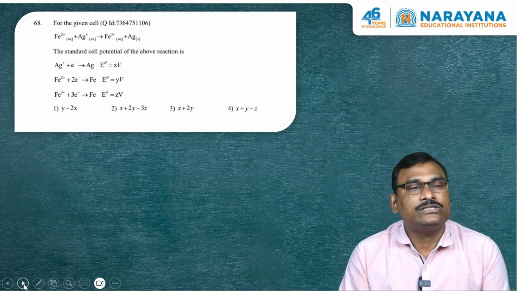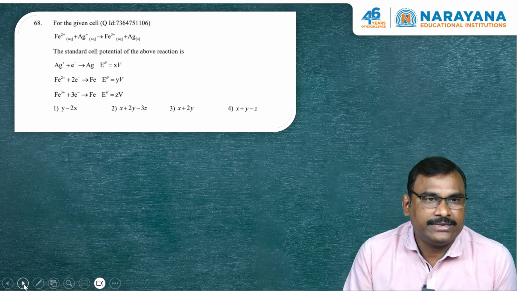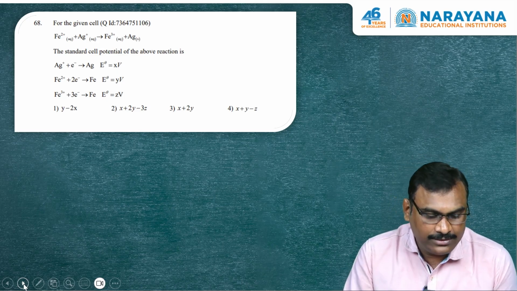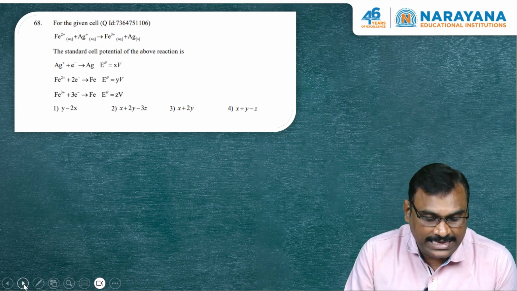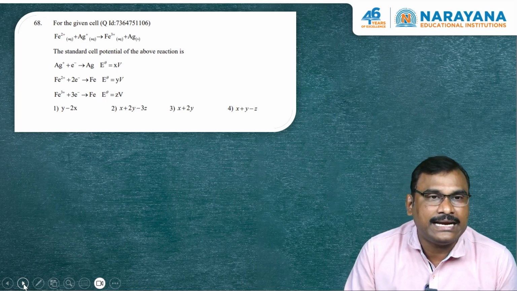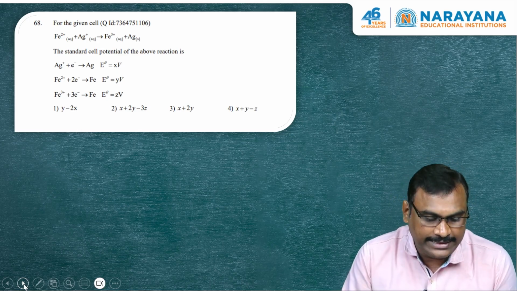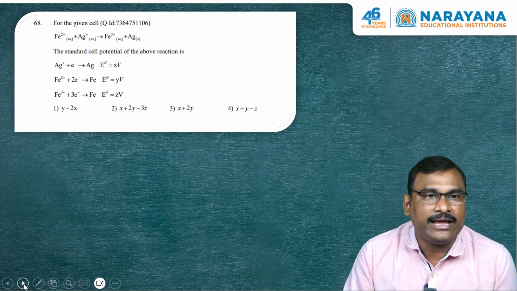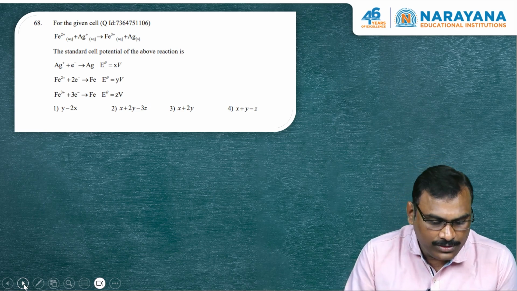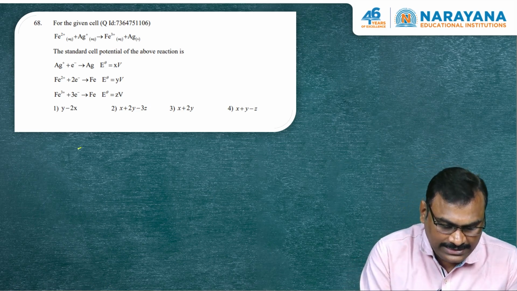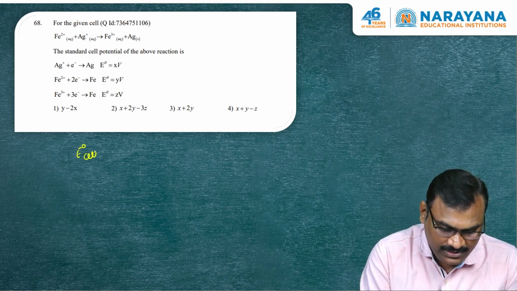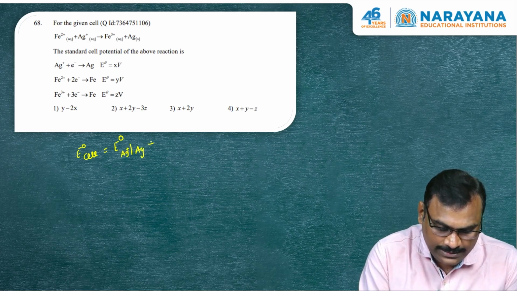Yes, the question is from electrochemistry. Now see, Fe2+ plus Ag+ (aqueous) gives Fe3+ (aqueous) and Ag (solid). The standard cell potential of the above reaction: E naught cell is equal to E naught of Ag+ to Ag plus E naught of Fe2+ to Fe3+.